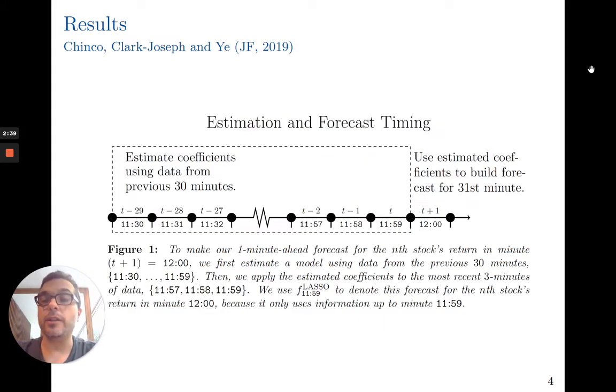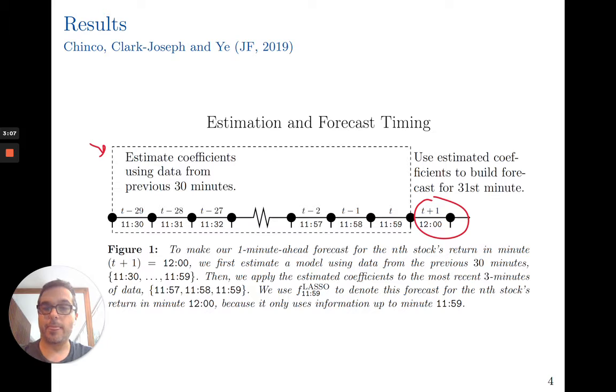They have a window of 30 minutes, as you see here in this block. Okay. So they use these 30-minute windows to estimate coefficients. They use the estimated coefficients to build a forecast for the next minute. Okay?